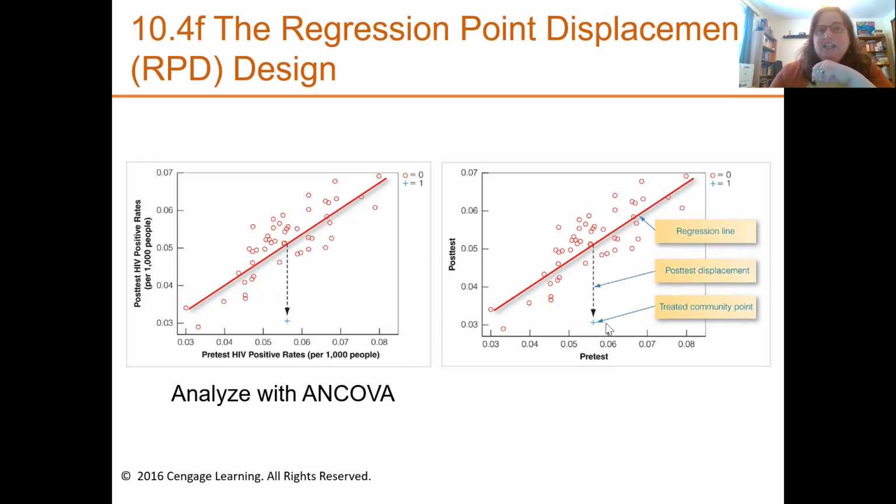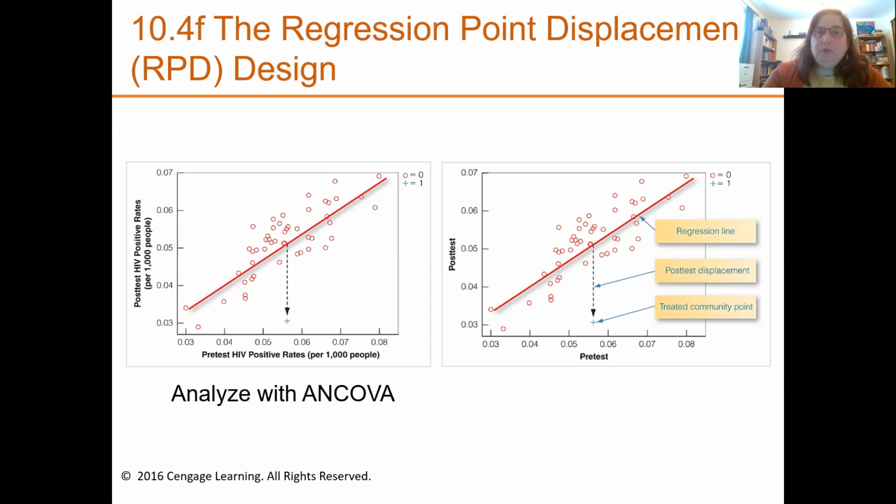Here's our pre-test down here, our post-test over here. And this is our treated community point right down here, our post-test displacement. So let me put it another way, because I think this is actually quite confusing when you look at it with a regression line like this.